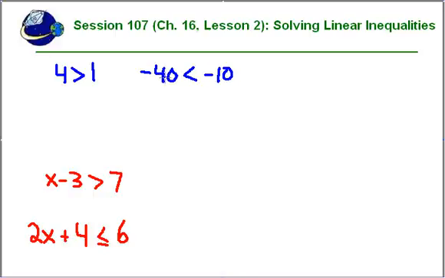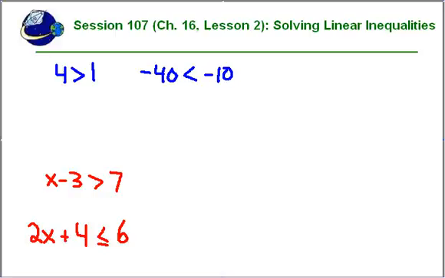After we've multiplied by a negative, it now reverses and becomes a less than. But for anything else, positive numbers being multiplied and divided, or any number, positive or negative, being added or subtracted on both sides of the inequality, the direction of the inequality remains the same. Okay, that's the 4 operational properties in a nutshell with inequalities.